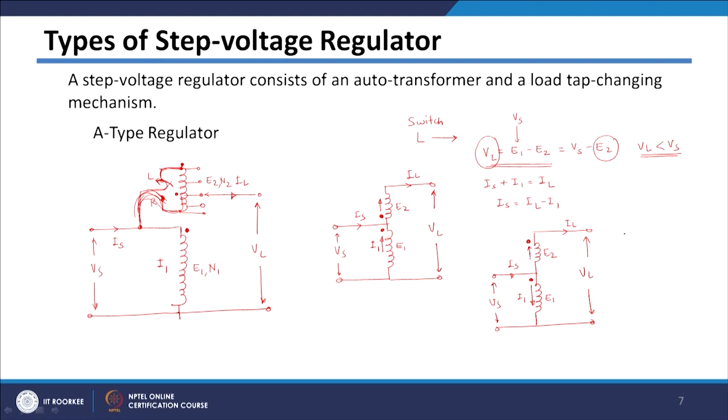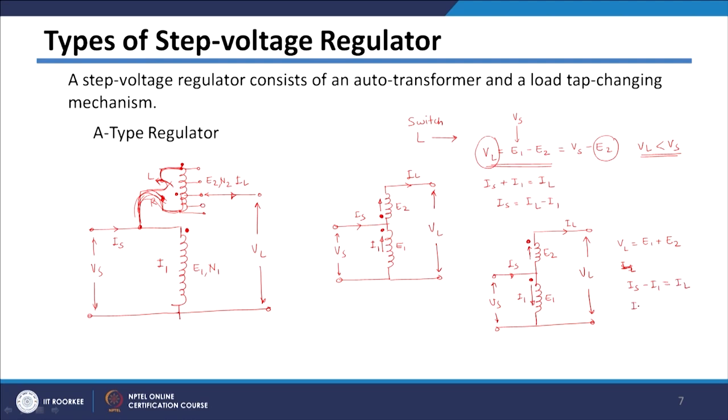So, I can easily write in this case VL will be equal to the addition, because they are in the same direction. So, E1 plus E2, and Is minus I1 will be equal to your IL.